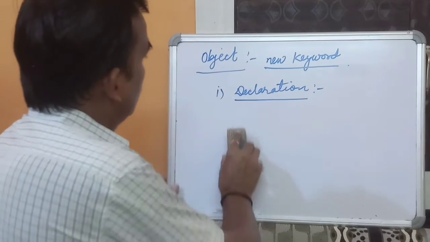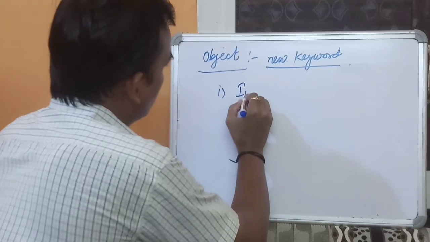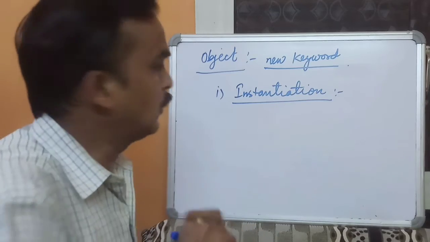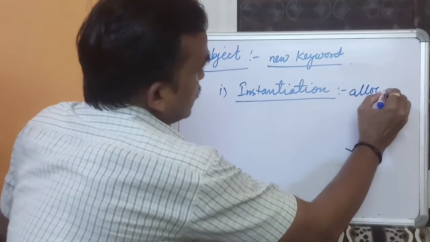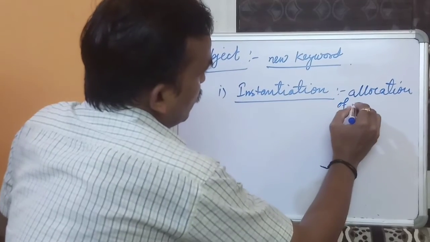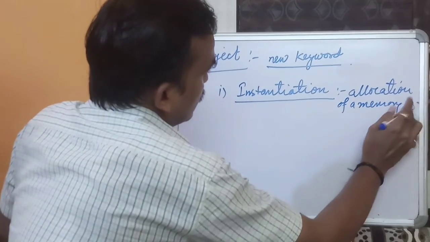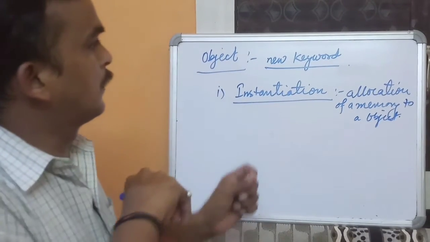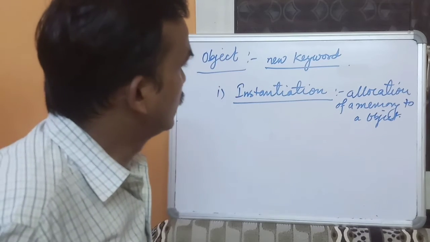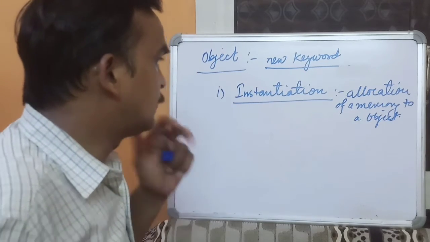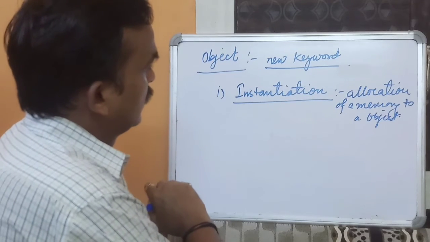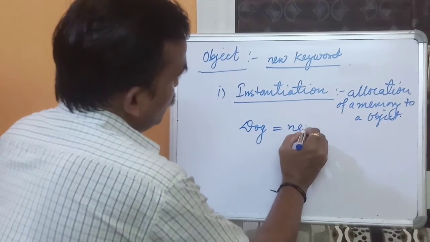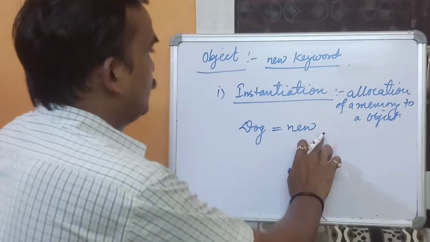Second is instantiation. In instantiation, we allocate memory to an object. How can we use instantiation? We use dog, that is our object, equals new.